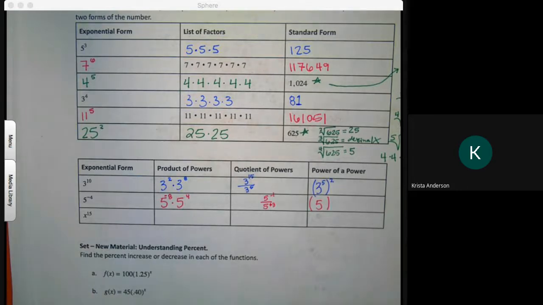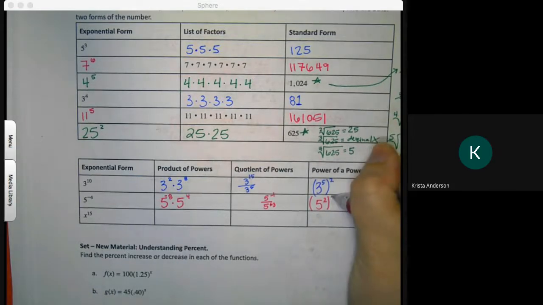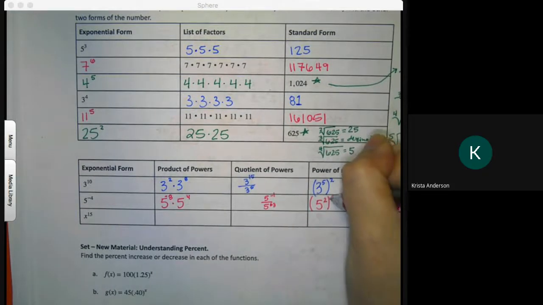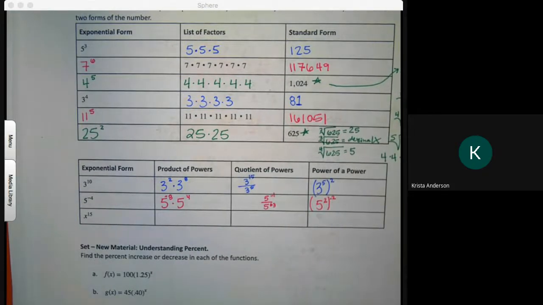Okay, 2 times 2 is 4, but it needs to be -4. How do I fix it? -2. You can pick one negative, just one of them. Doesn't matter. I'm just going to make the outside one a negative. Then it's fixed. 2 times -2 is -4.